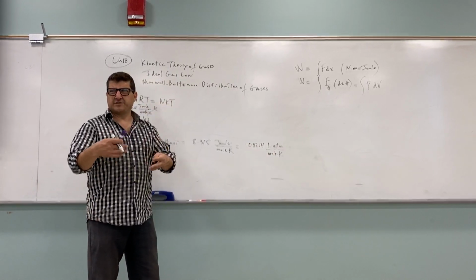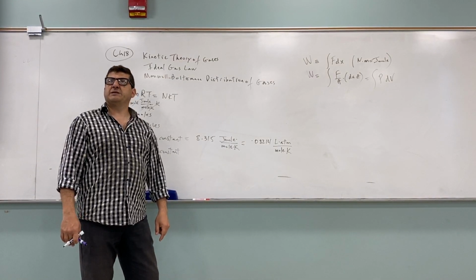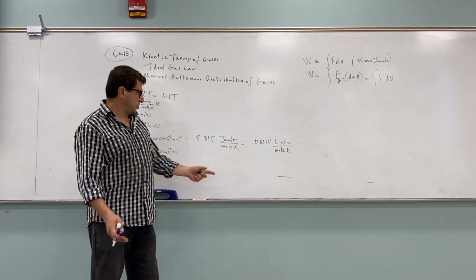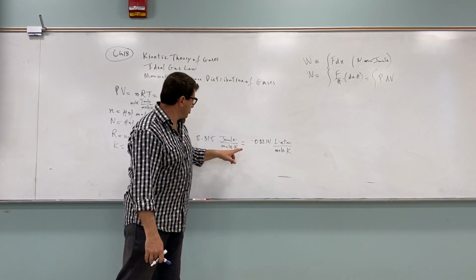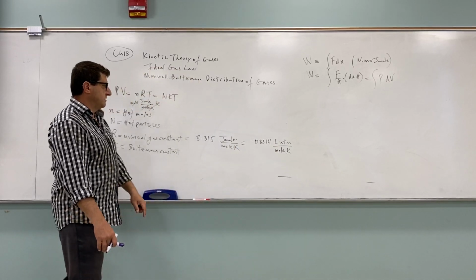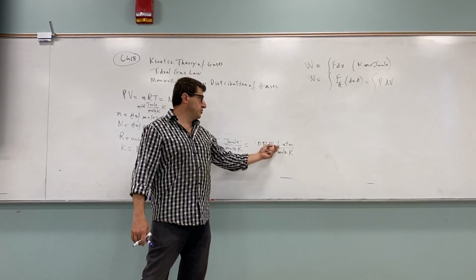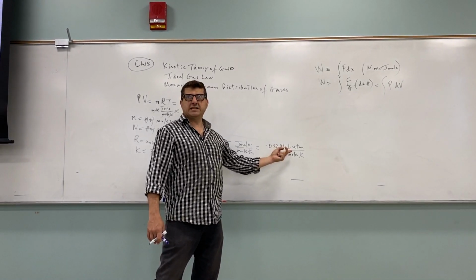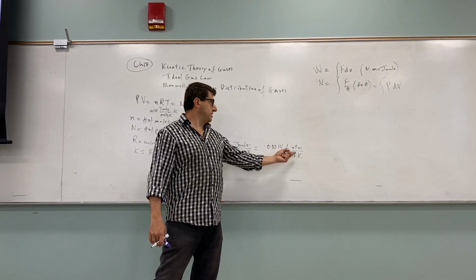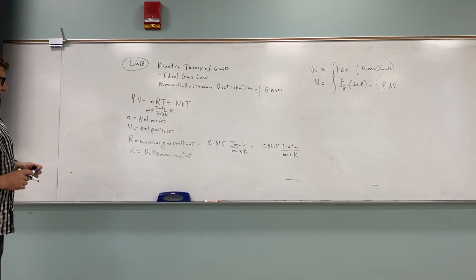Well, you convert: 1 atmosphere is how many pascals? I can show you the conversion in a second. And then you convert from meters cubed to liters. In chemistry they often use that because they're dealing with milliliters and liters, and a lot of times the pressure is given in atmospheres.